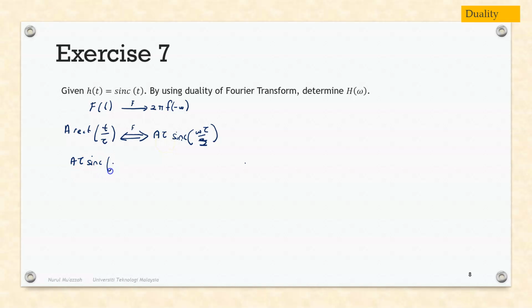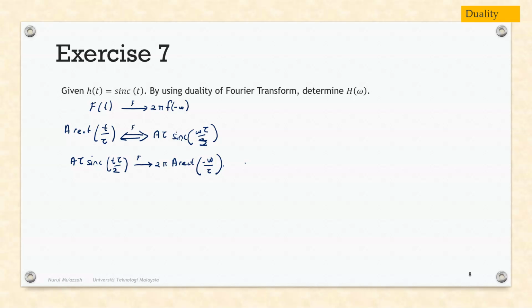So for A tau sinc, just change omega to t tau over 2. And the Fourier transform here should be 2 multiplied by pi and f(negative omega). You take f(negative omega) from the time domain function, so rect(t) you replace with negative omega, so negative omega over tau.